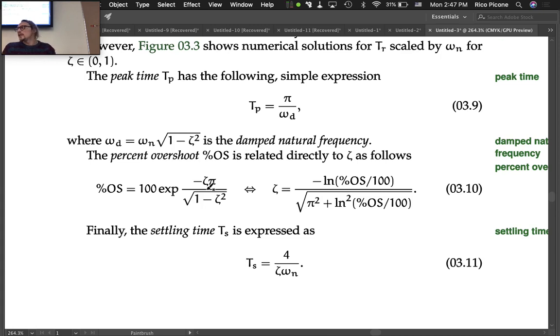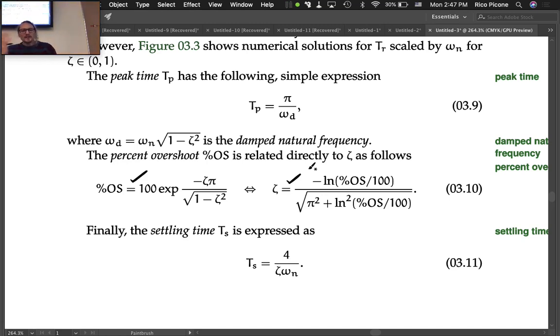It's just the damping ratio. So you could think of the damping ratio determining what the percent overshoot is, or the percent overshoot determining what the damping ratio is. And I've solved it out in both ways. I think the textbook has one, and I've also solved for zeta and gave that to you as well. I don't think the textbook has that one. I could be wrong.